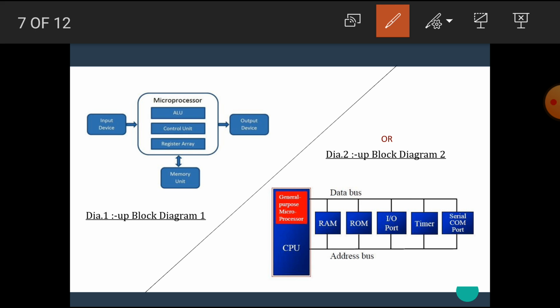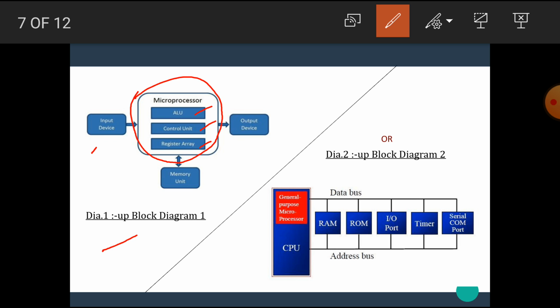There are two types of block diagram. In first diagram, this block is a microprocessor. It is clearly seen that microprocessor consists of ALU, control unit, and register array.